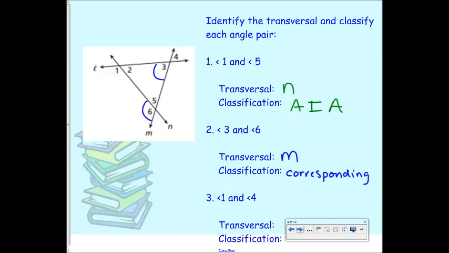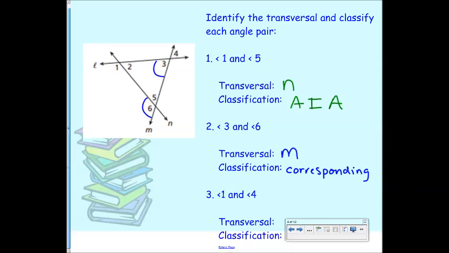So if you think about it like this, in this set of 4, this is on the bottom left, right? And then in this set of 4, this one's also on the bottom left side. So corresponding, again, means same position. Micah? How is 6 not on the inside? Because the other two lines are L and N, and it's not in between those two lines.